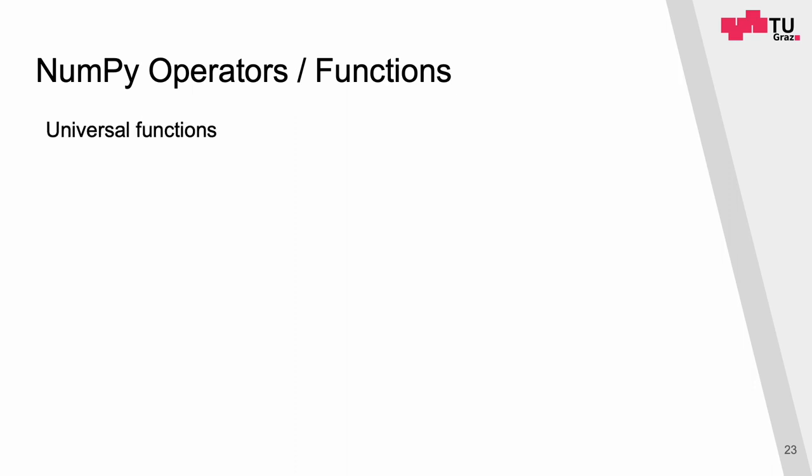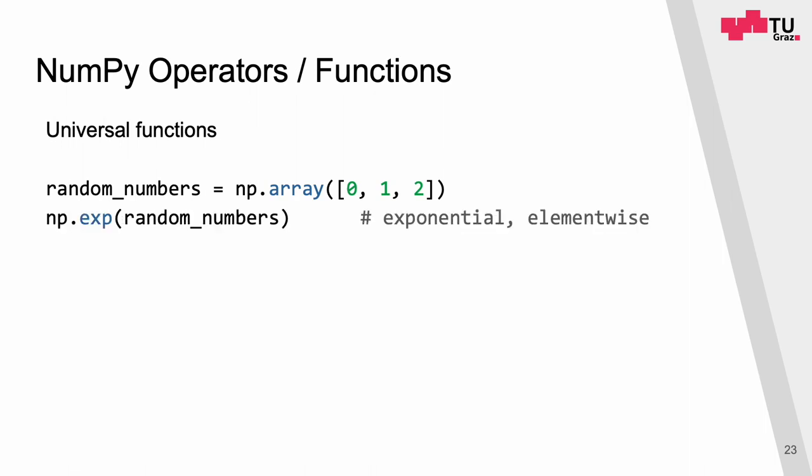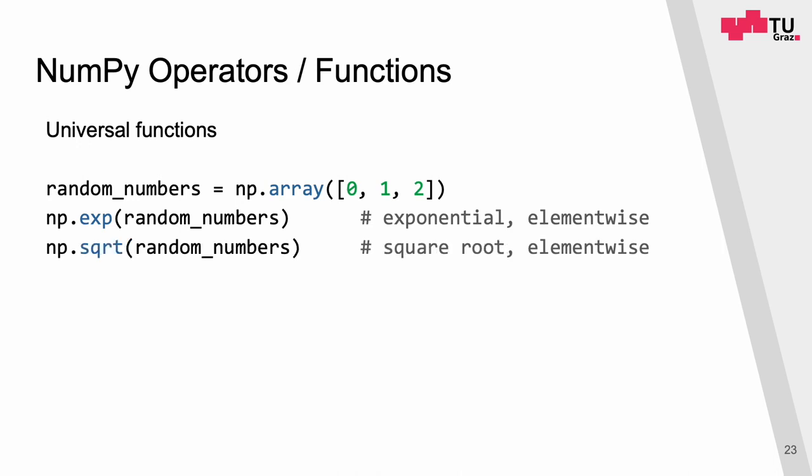Similarly, NumPy has some built-in universal functions. So for example, we can define again a vector which just holds some random numbers, namely 0, 1, 2. And then, for example, we can calculate the element-wise exponential using np.exp, or we can calculate the element-wise square root by using the .sqrt function, which just calculates the square root for each element inside the NumPy array.